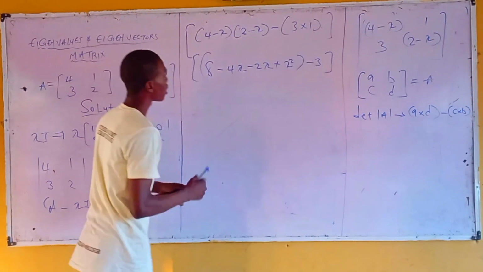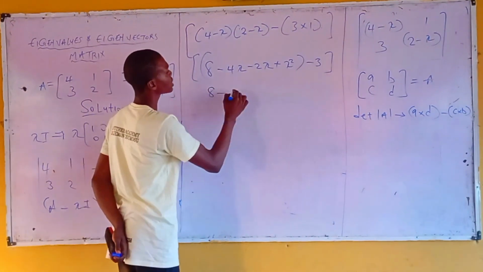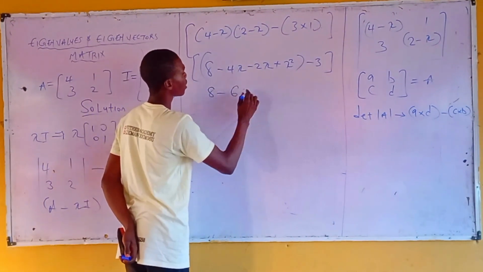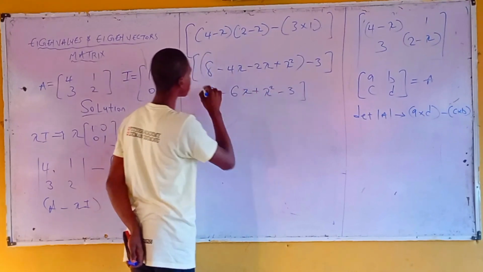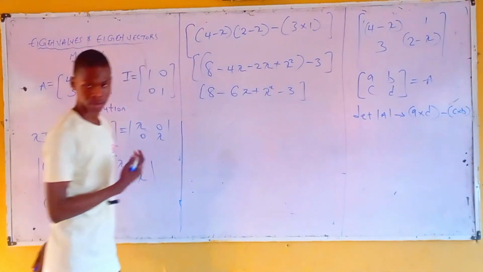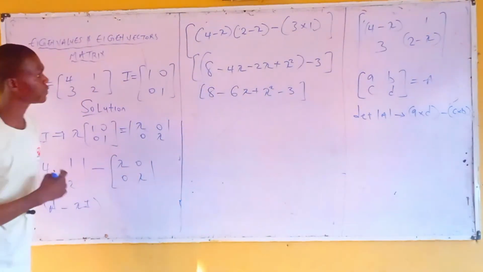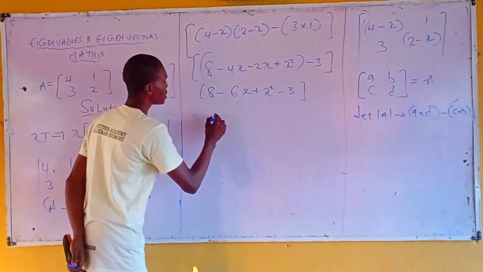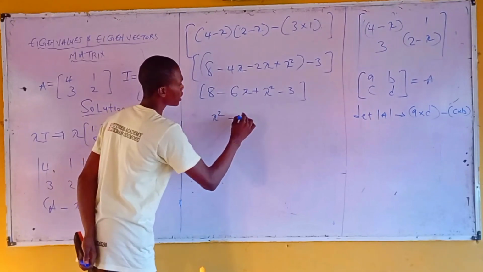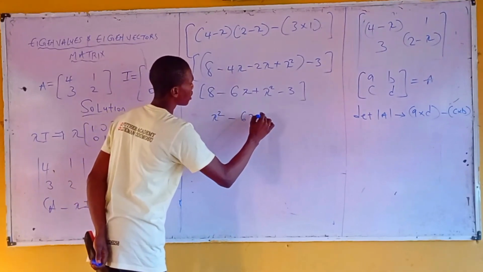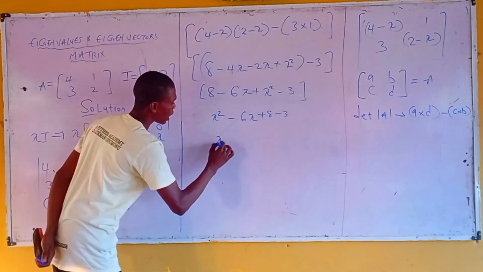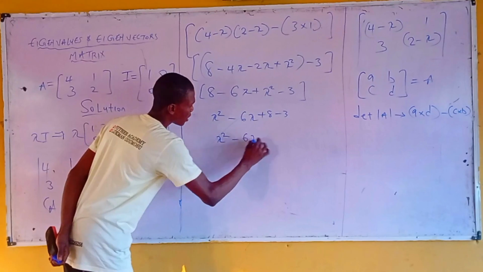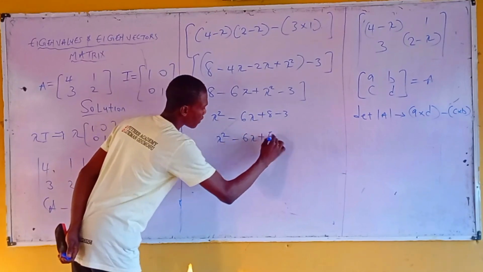From here, 8 negative 6 lambda plus lambda square negative 3, right? That is lambda square negative 6 lambda plus 8 minus 3. You then have lambda square negative lambda plus 5.